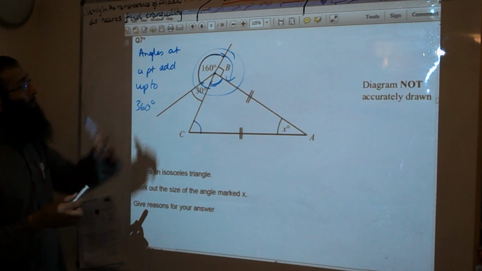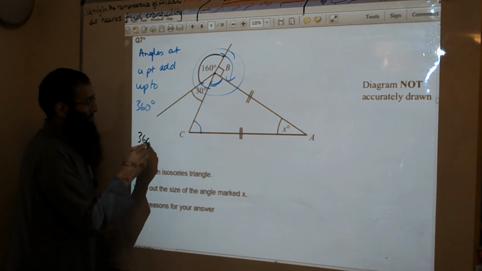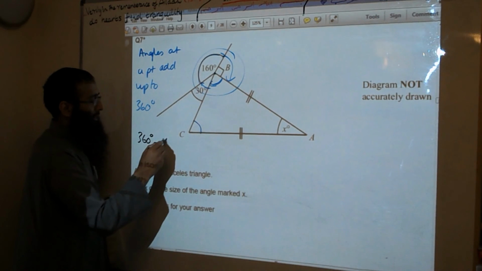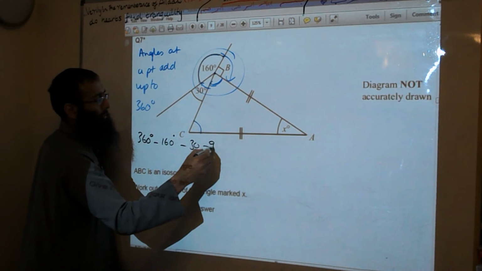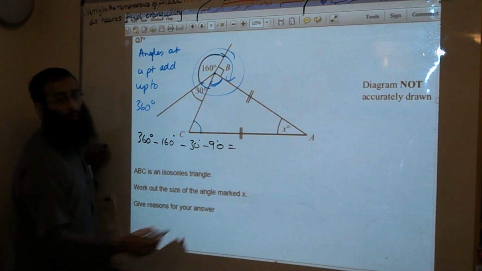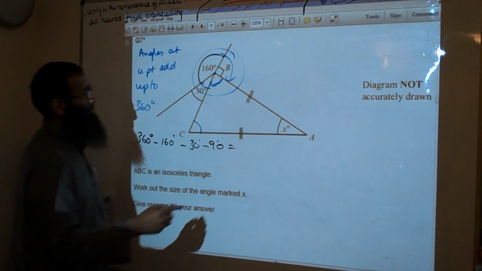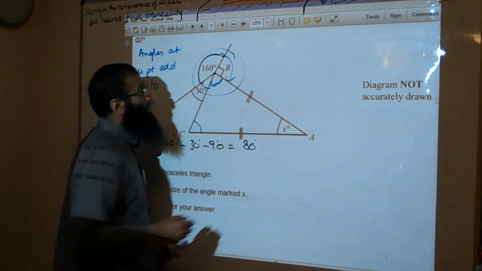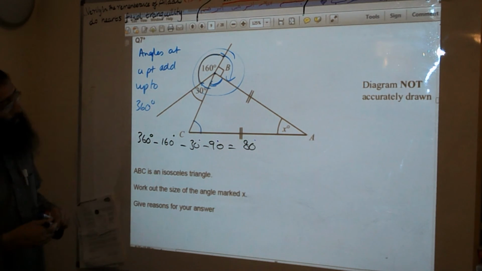Now what we need to do is add them up and subtract from 360. So we're going to do 360 degrees minus 160, minus 30, and minus 90. What do we get for that? 80 degrees. Good.